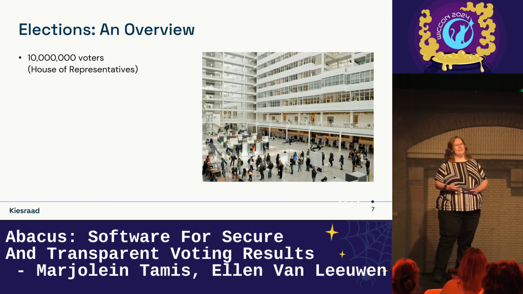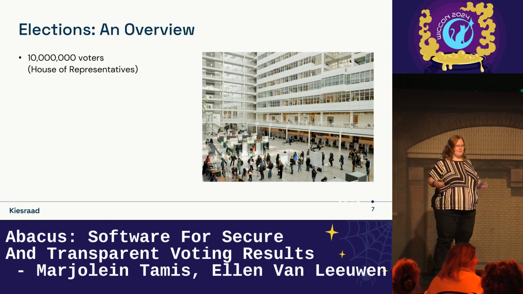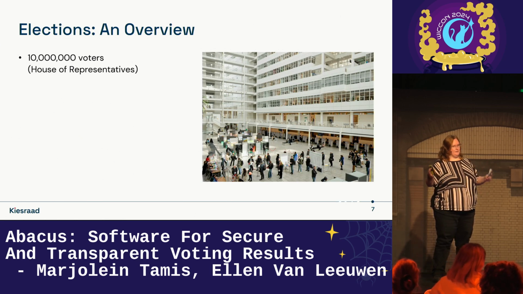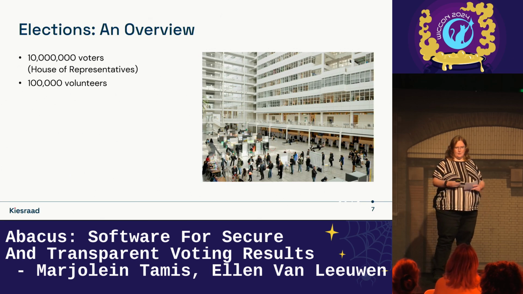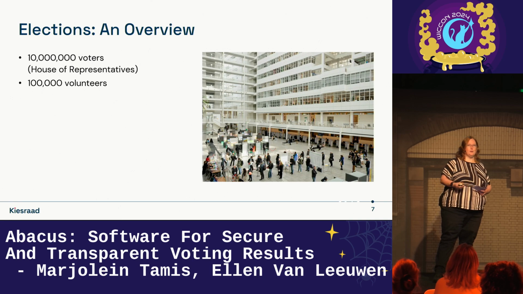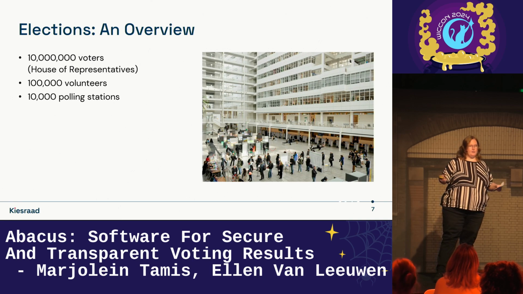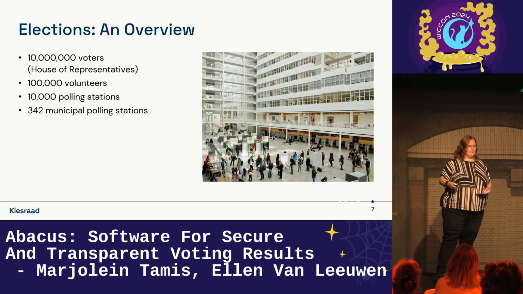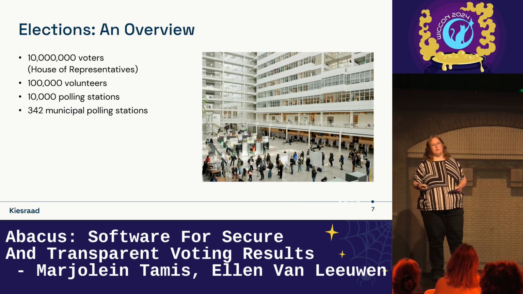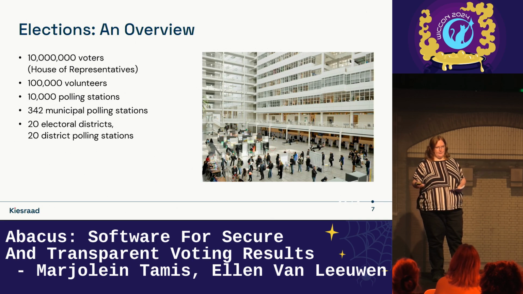Next, an overview. In a Tweede Kamerverkiezing, House of Representatives elections, there are 10 million voters. 100,000 volunteers help out during the entire process. There are 10,000 polling stations throughout the country, and all 342 municipalities have a municipal polling station.